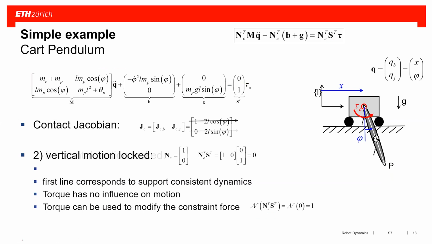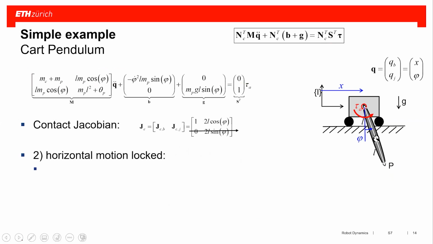Similar to that, we can also analyze the case where the horizontal motion is locked. So now we have the case where the cart moves in horizontal and vertical direction. What we have here is that the second line is 0. Again, the rank of JC is 1. This means I have a null space.